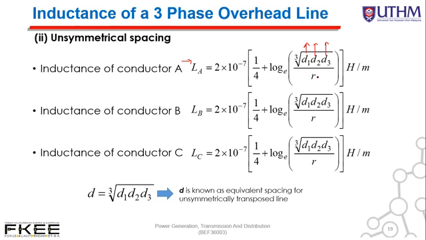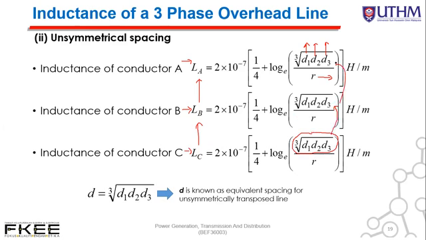R is the radius, and we assume the radius is the same for conductors A, B, and C. Similarly, for conductor B the equation is similar to conductor A, and the inductance of conductor C, LC, is also similar, provided that we use this equivalent spacing in the equation.